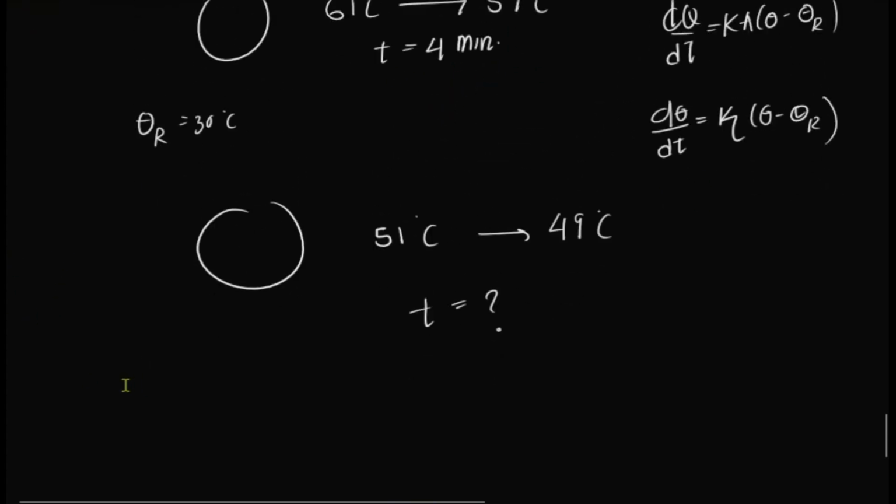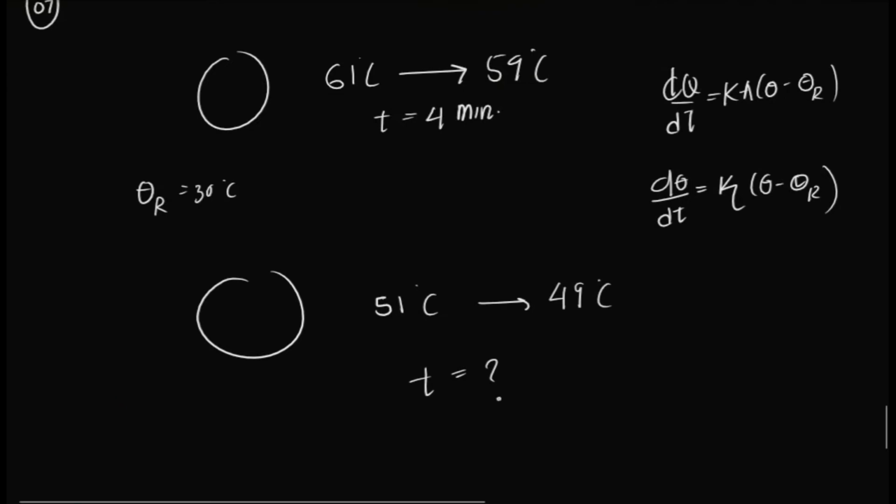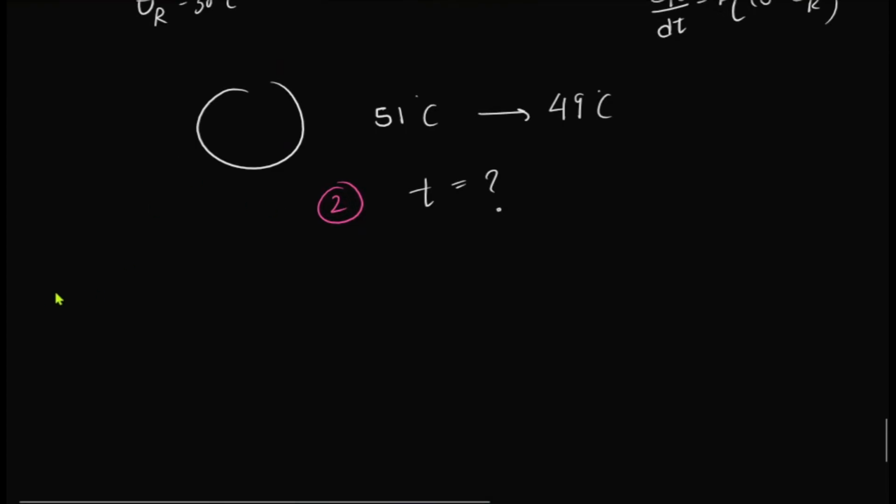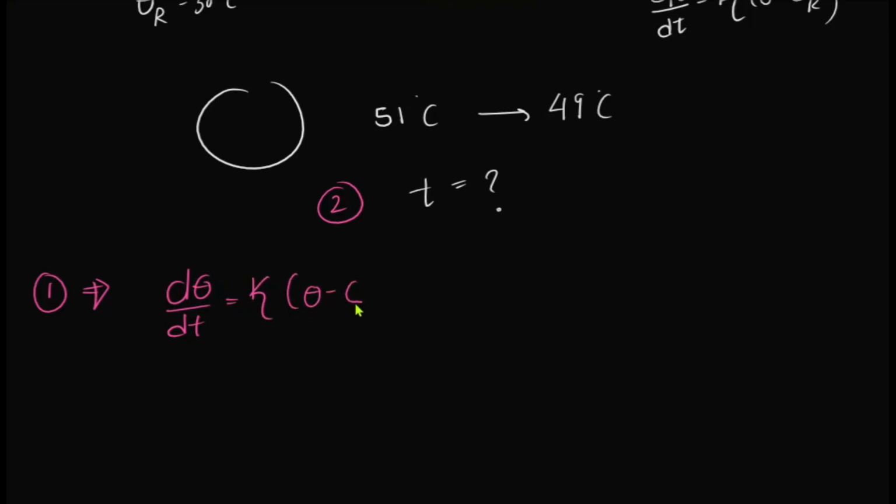I'll consider this as the first instance and this as the second instance. For the first instance, I will apply the dθ over dt equals Ka(θ minus θr) equation.